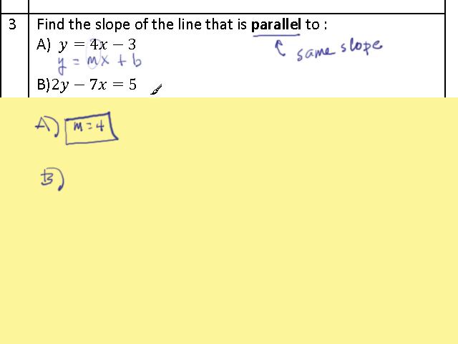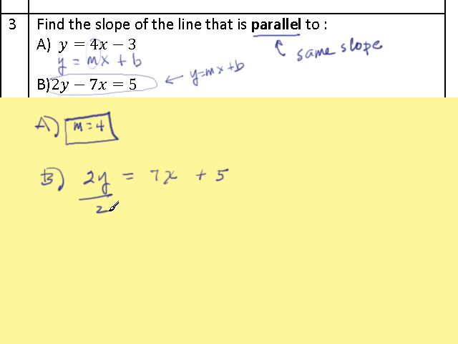All right, let's look at the second line. This line is not in the form y equal mx plus b, so the first thing we're going to do is put it in that form so we can read off the slope of this line, and the slope of a parallel line will be the same. Okay, so first add 7x to both sides, or bring the minus 7x over to the right as a plus 7x. So we have 2y is equal to 7x plus 5.